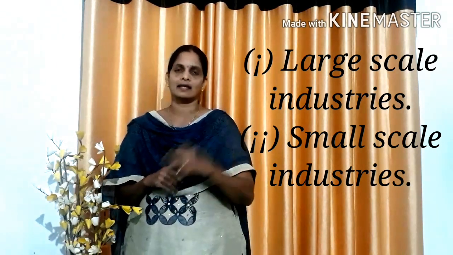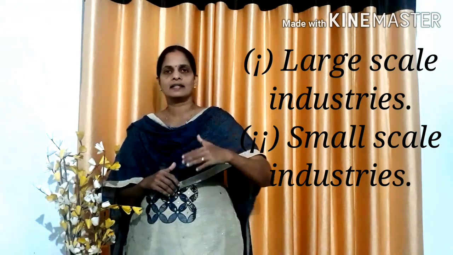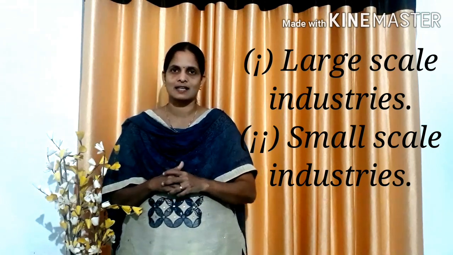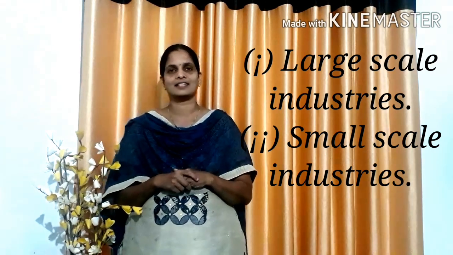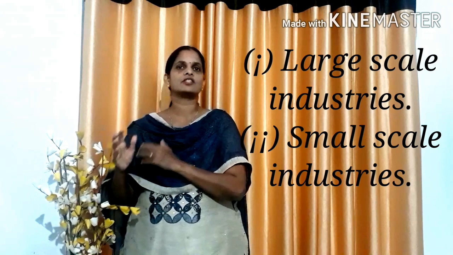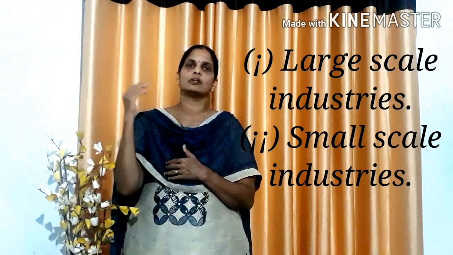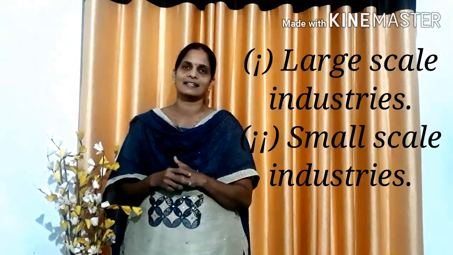Large scale means industries that use a large amount of money for the production process are called large scale industries, and industries which use a small amount of money for production are called small scale industries.